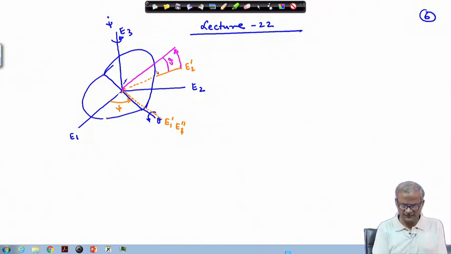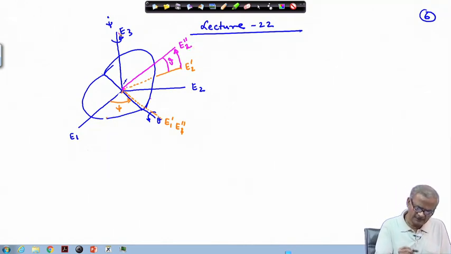This line is below this blue line, while this pink line is in this plane itself. While we are giving this rotation to E 1 double prime, this will be E 2 double prime, and this line will also rotate.